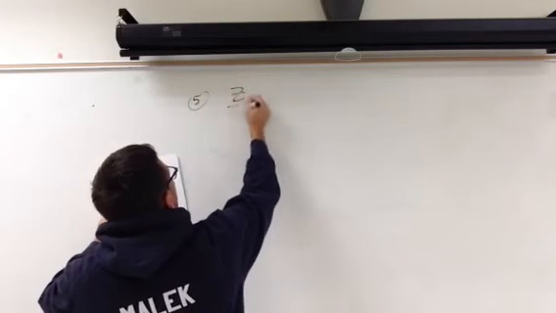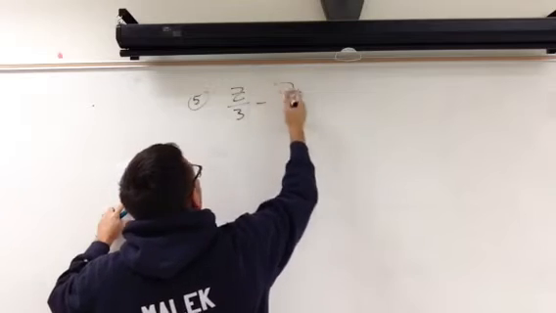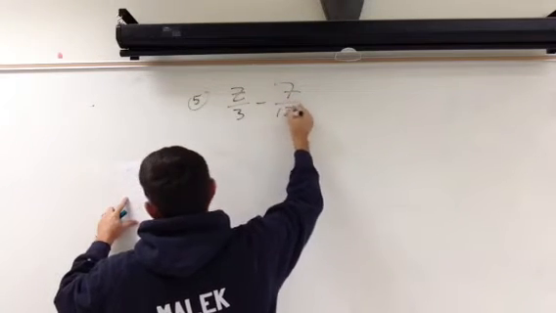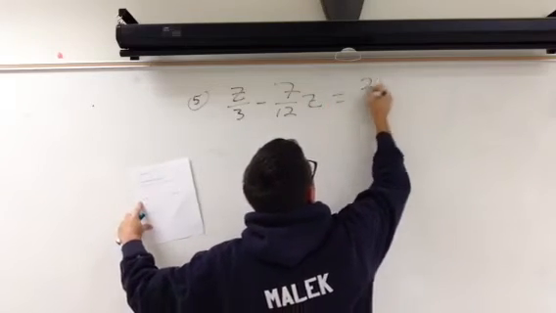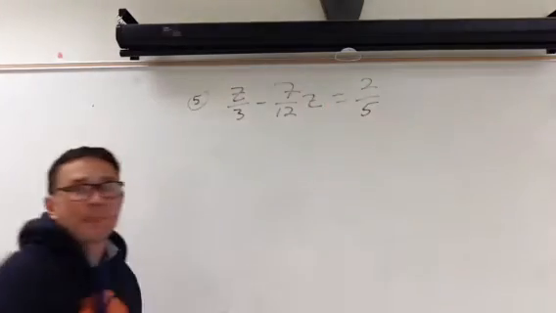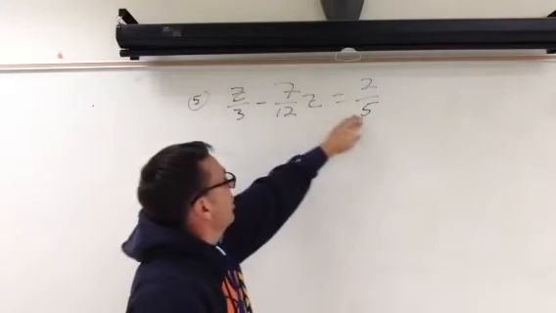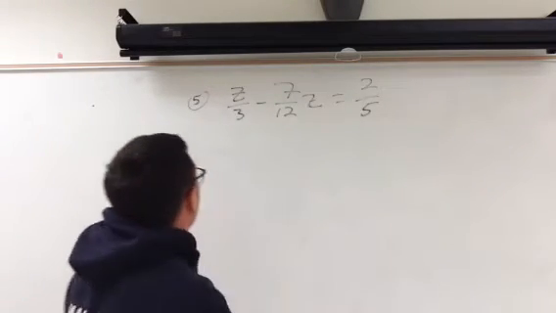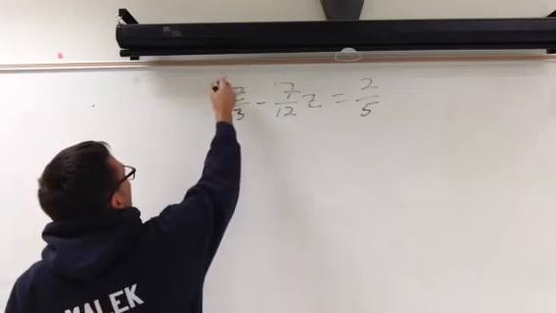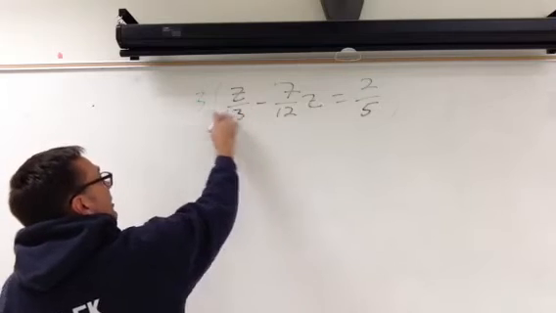So we start with z over 3 minus 7 over 12z equals 2/5. Now, what I can do, I can go at these denominators all individually. I'm going to start by multiplying everything by a 3, whatever number that is.